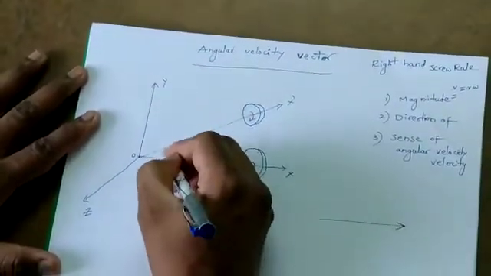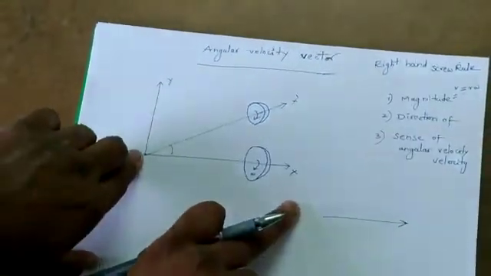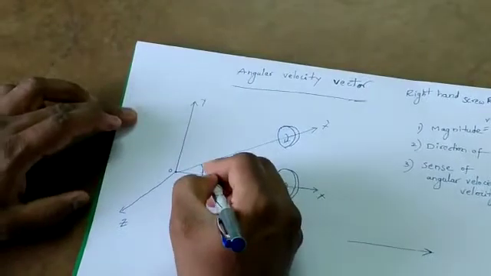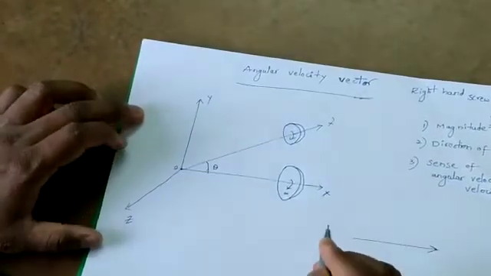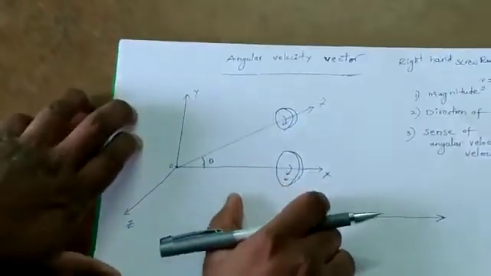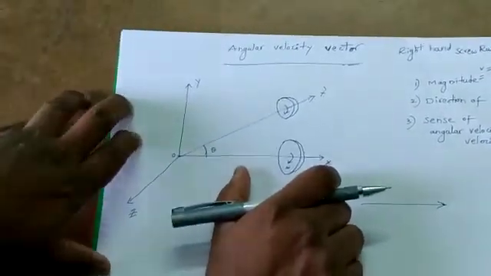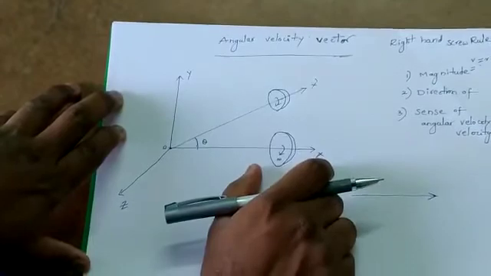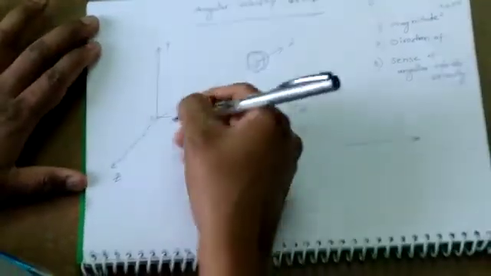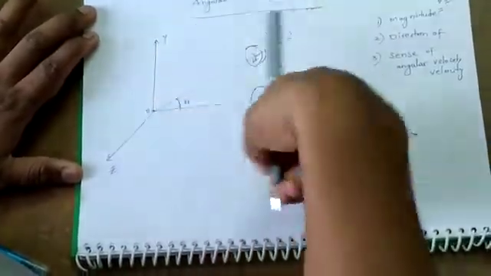Now I am rotating the x-axis with reference to the y-axis, that means it is turned by one particular angle theta. Whenever we have some angular displacement of this x-axis, then there will be some angular velocity and some angular acceleration. The angular acceleration will be acting around the z-axis.